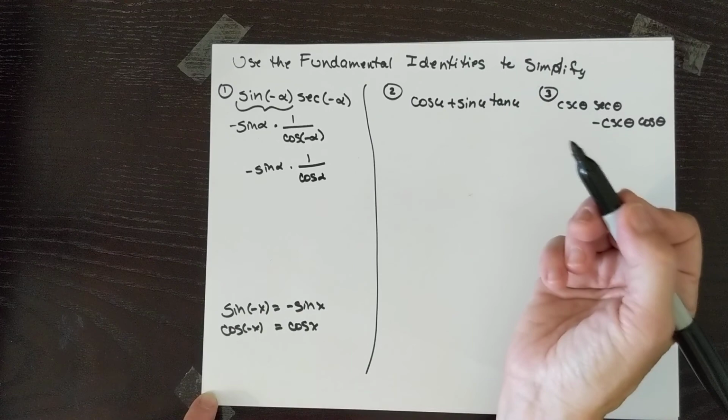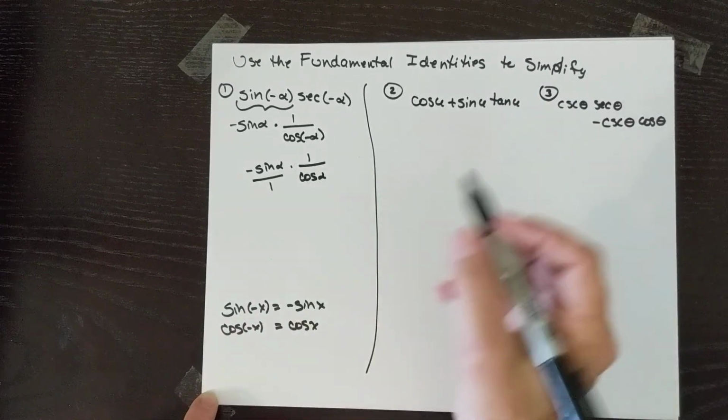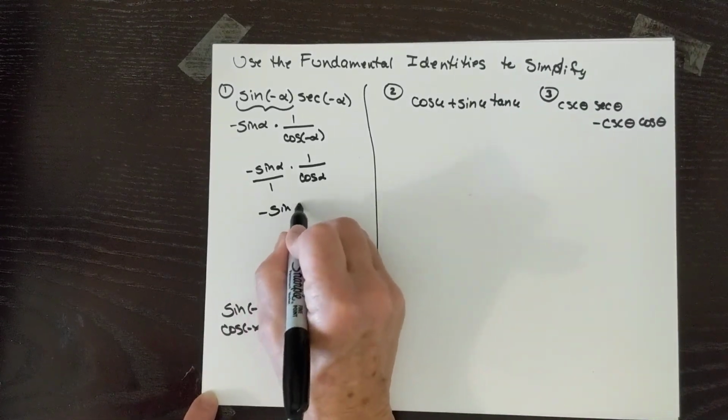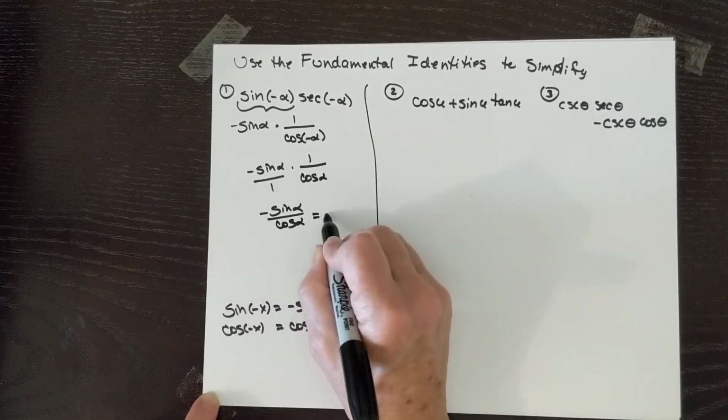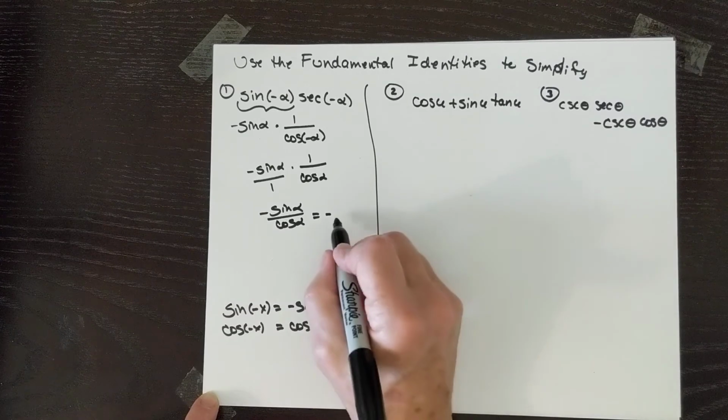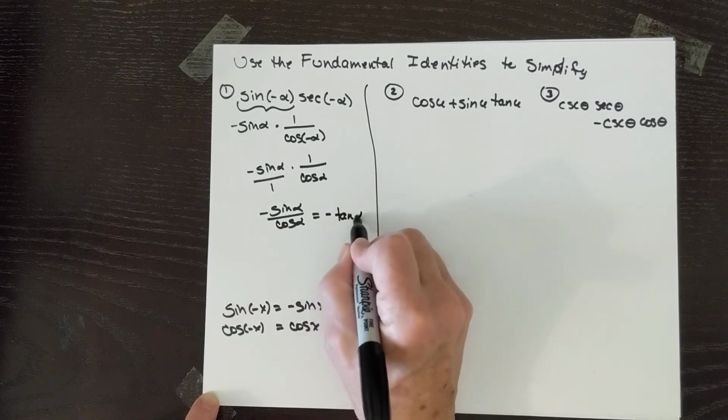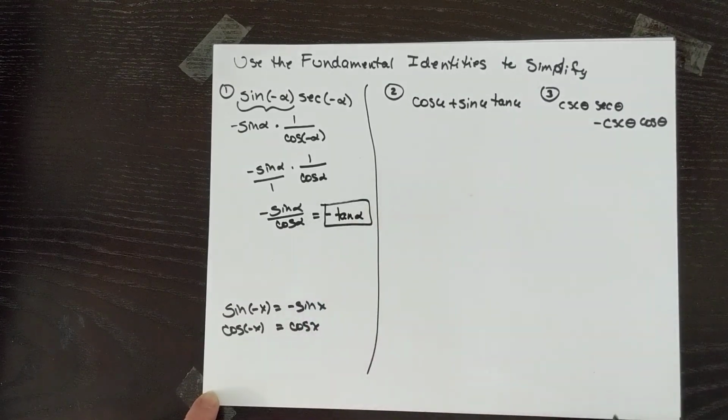Multiplying these together, we get negative sine of alpha over the cosine of alpha. Negative sine over cosine is equal to negative tangent of alpha, and we have simplified that expression.